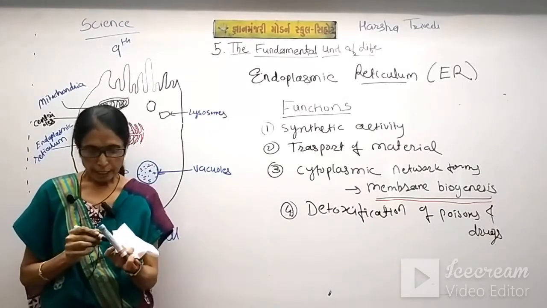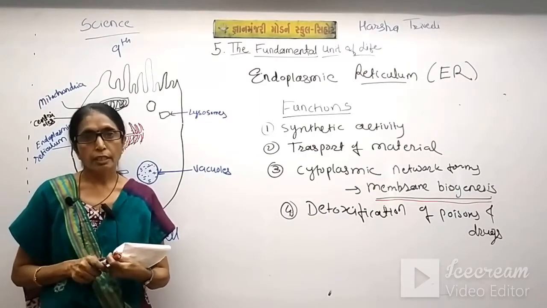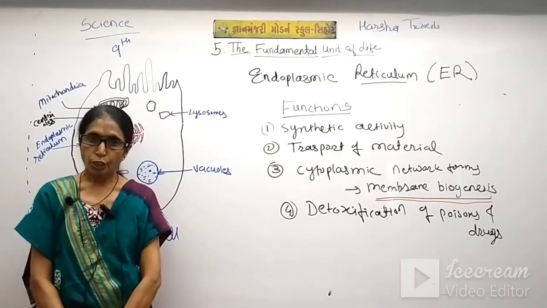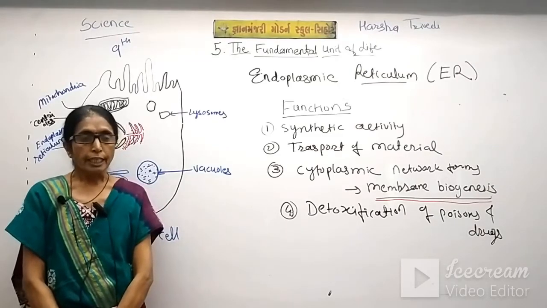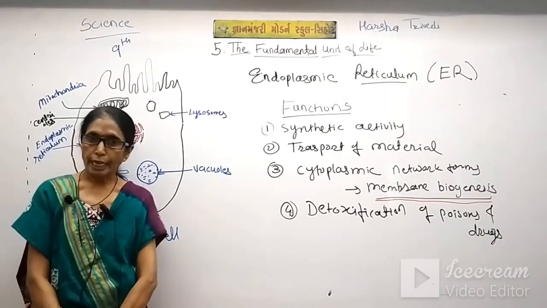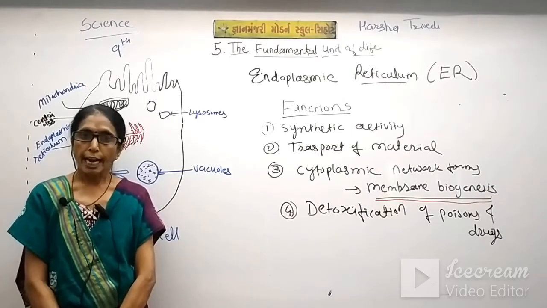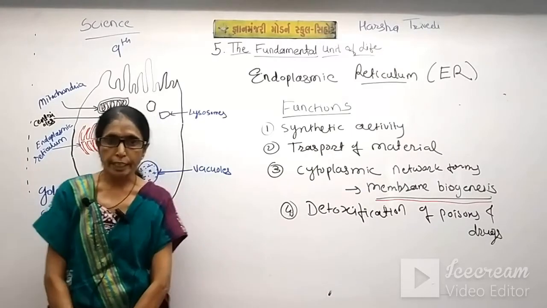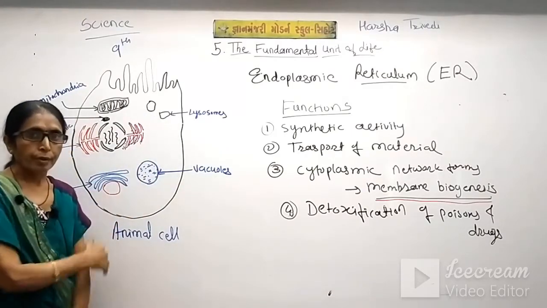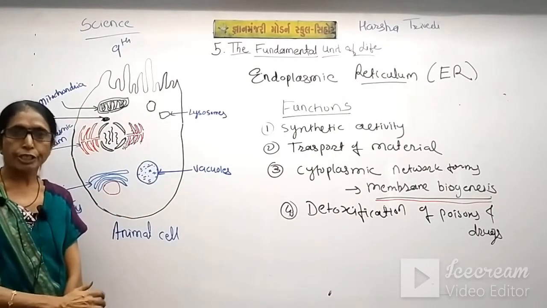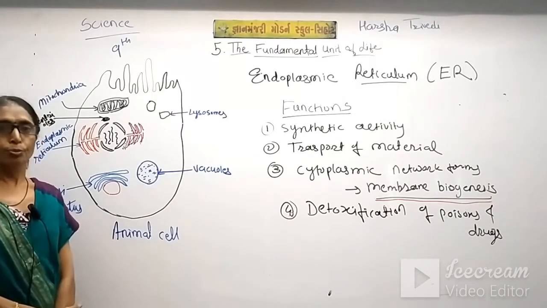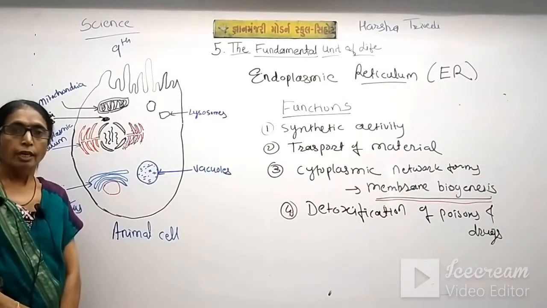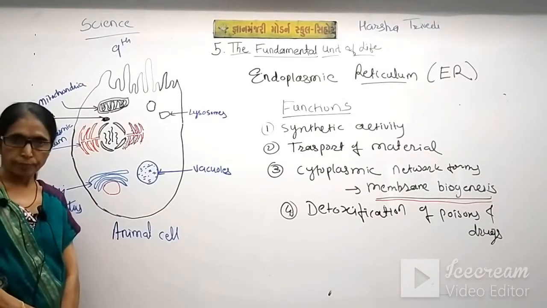So this is all about the organelle endoplasmic reticulum. Again we will revise. It is a large network made up of sheets and tubes. It has two types, SER and RER. SER means smooth endoplasmic reticulum. If the ribosomes are not attached on the surface, it is called smooth endoplasmic reticulum. If the ribosomes are attached, it is called rough endoplasmic reticulum.